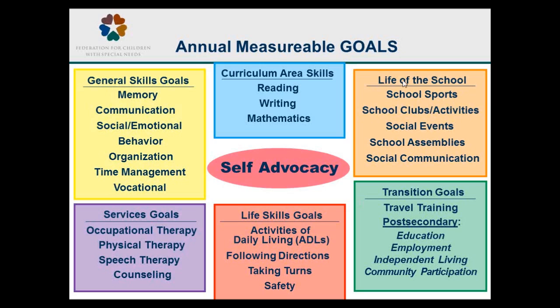Okay? Life at the school, and I think I mentioned this in basic rights, is not defined anywhere in the law, but it is contemplated throughout the law. It's all about being a part of the school community. So in order to be in school sports or clubs or social events or assemblies, depending upon the student's interests and needs, there may be some skills that they need to learn in order to participate.